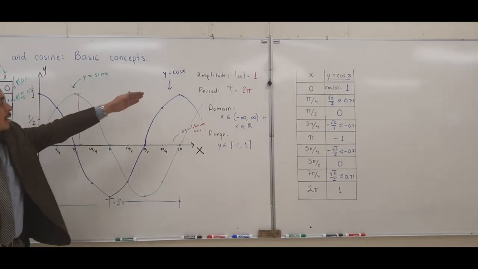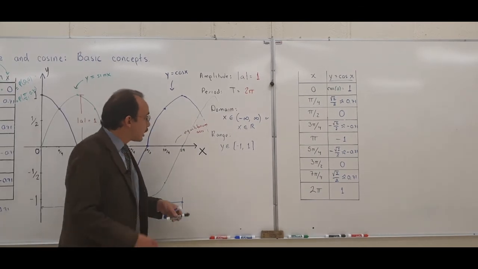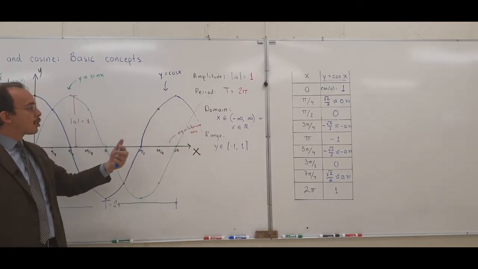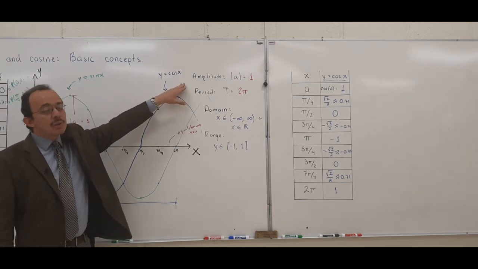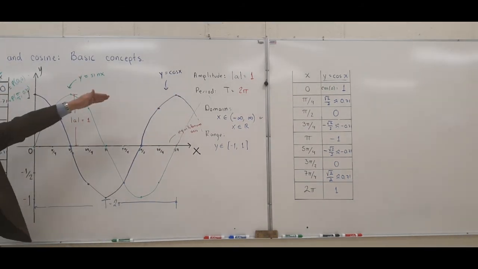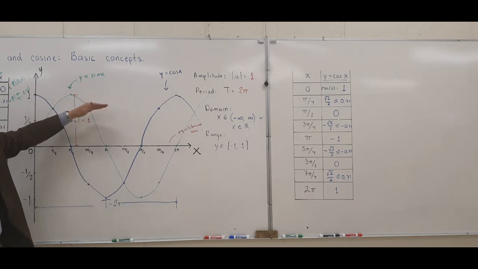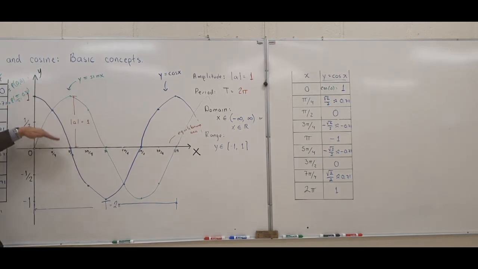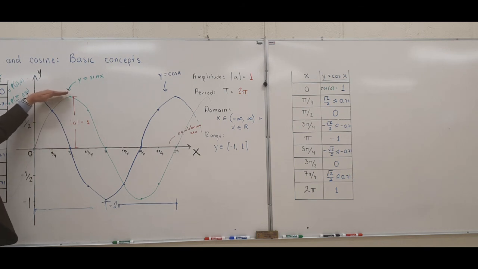Now, what about the different elements? These elements were for the function sine, but for the function cosine, they're going to be the same. Why? Because again, the amplitude, same explanation as with the sine. Here, the distance between the equilibrium axis and the maximum point, which in this case is exactly the same, is going to be 1.